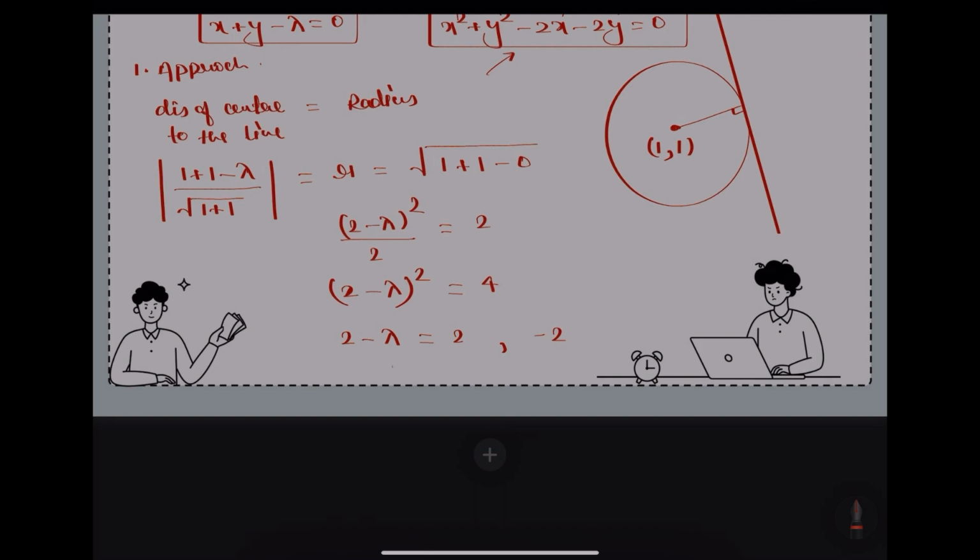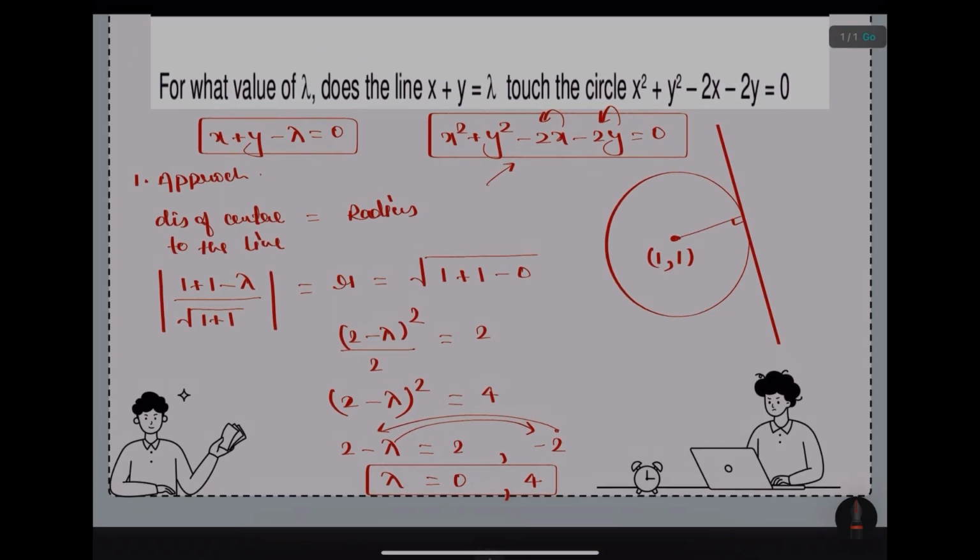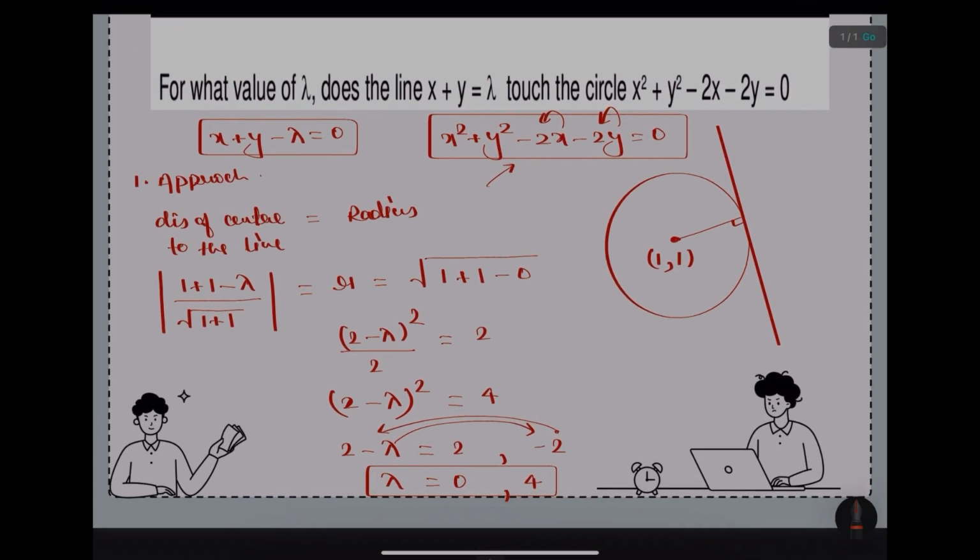So lambda will be equal to what? For this case it will go this way and become minus, so it will become 0. For the other case it will go that side and this thing will come this side. So you got the value of lambda as 0 and 4. I hope this concept is clear now.